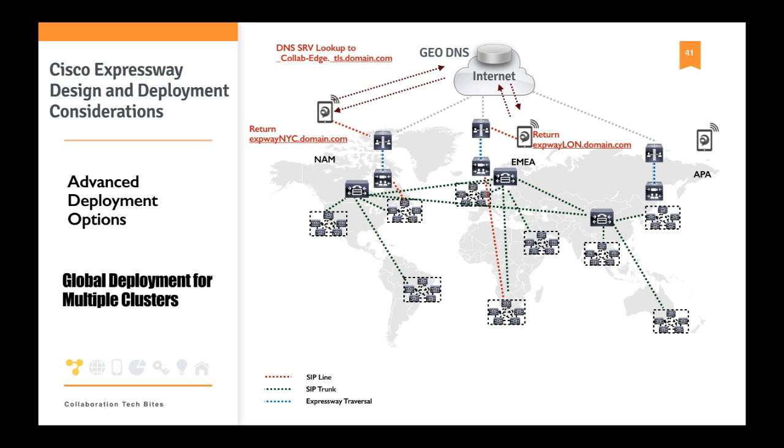The GUDNS will identify it as a regional EMEA device, and will return the SRV record of Expressway London to domain.com, and it will register to the designated cluster, because it's integrated with all the clusters, in South Africa. Same thing for Asia. Going to Japan, it will register to its own cluster that is defined too.